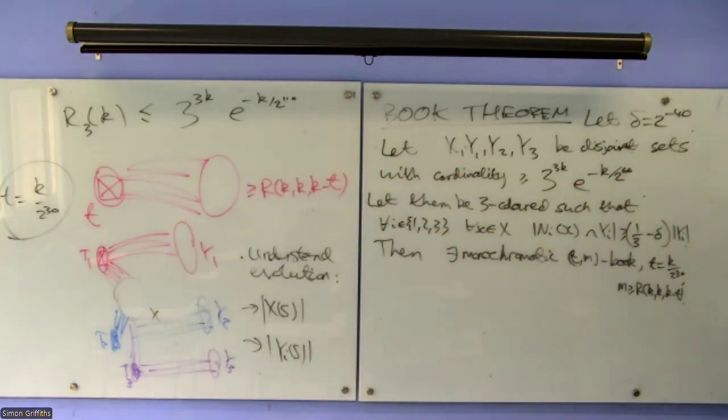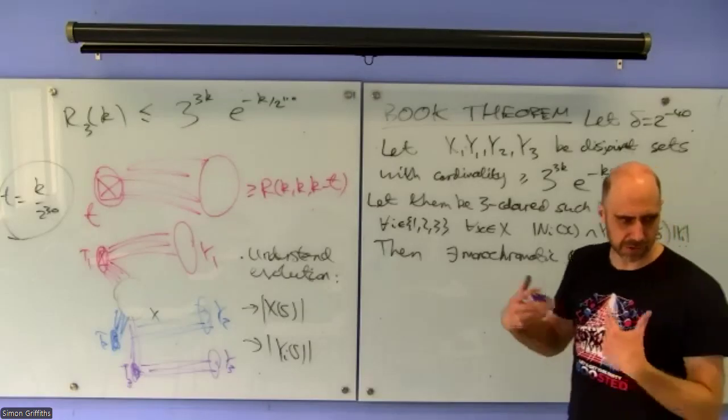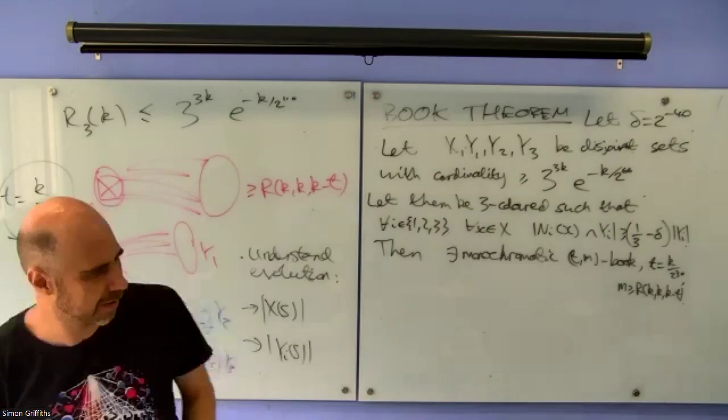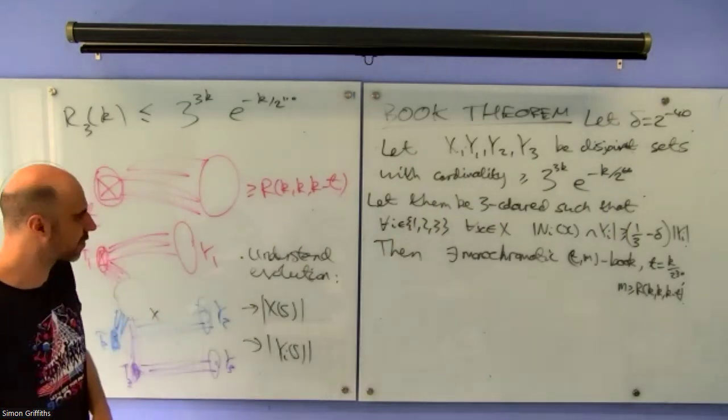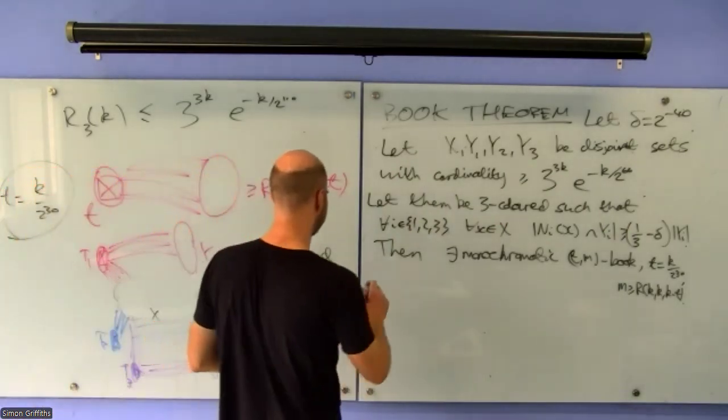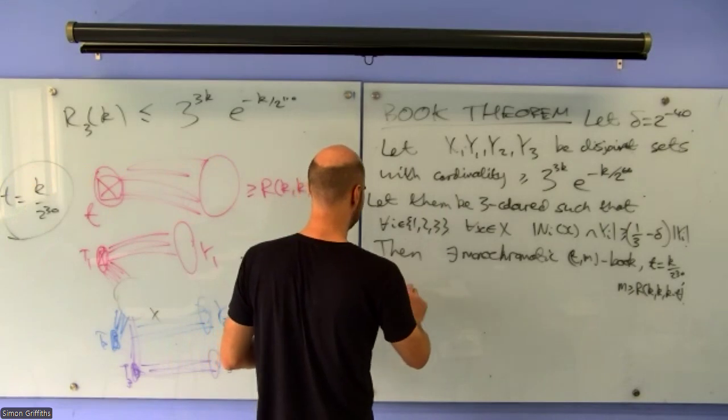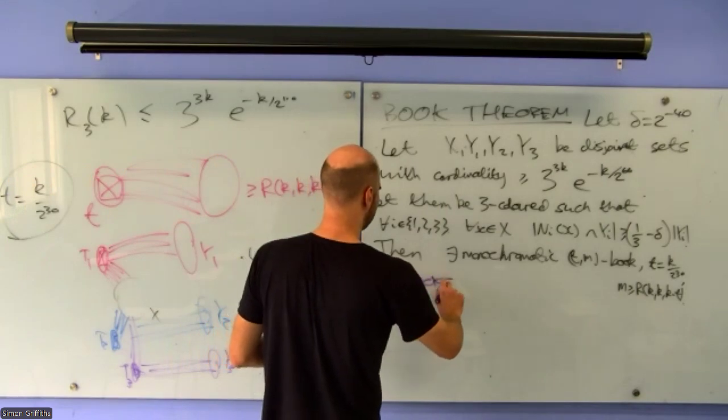Now, once you fix that this is your objective, you have to think, well, how do we do this? How do we find these books? And it's exactly as we said in the sketch. We have an algorithm. So we'll call it the books algorithm.